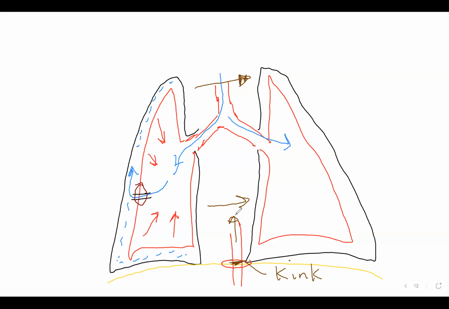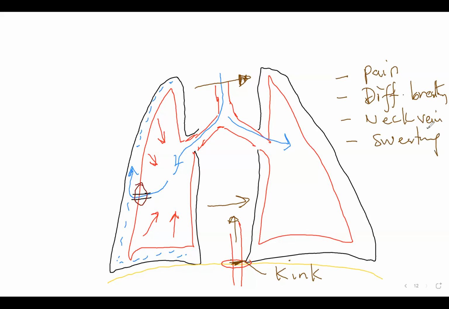But before we go to that, you should know that they have chest pain, difficulty in breathing, distended neck veins, sweating profusely, hypotension, they can present in shock, okay? So you have mediastinal shift to the contralateral side.